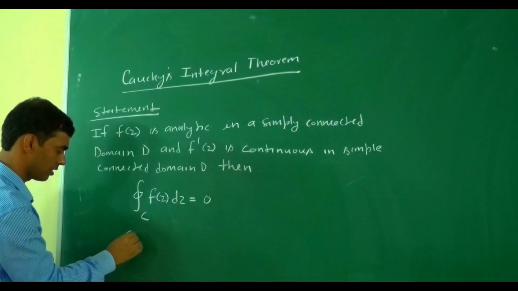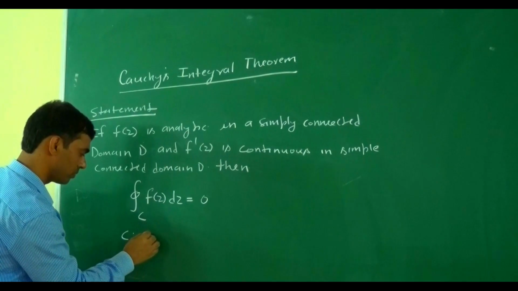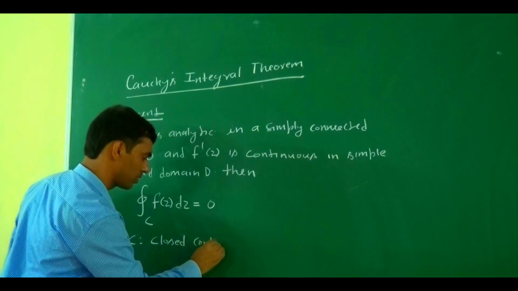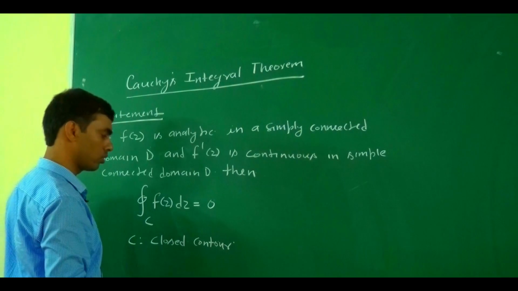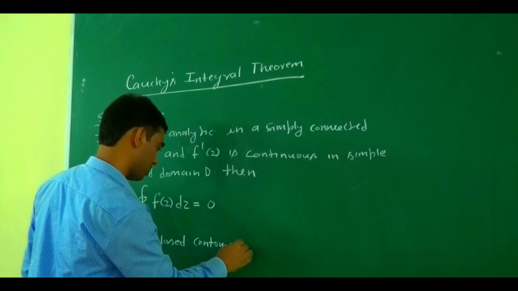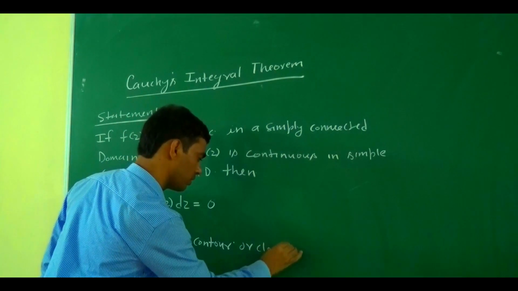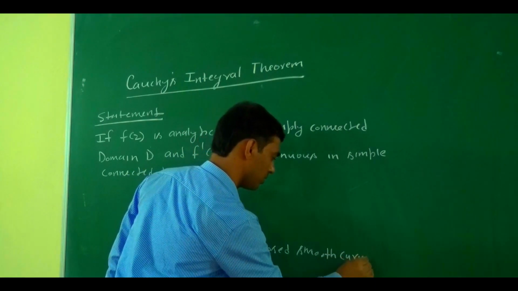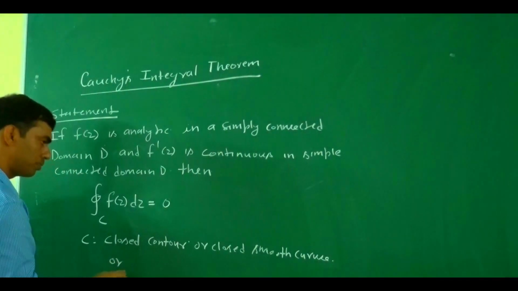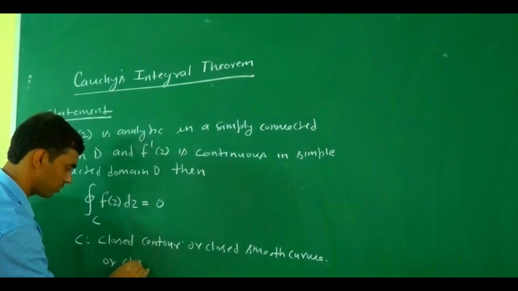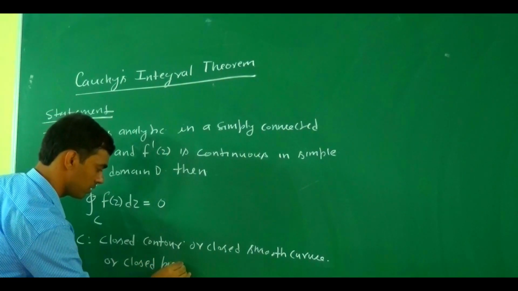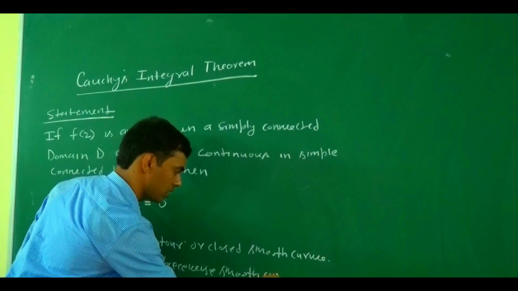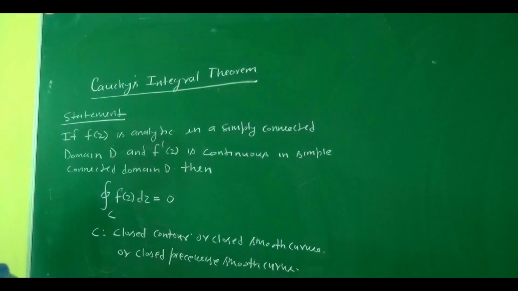Where C is a closed contour, or closed smooth curve, or closed piecewise smooth curve. So what is the statement?